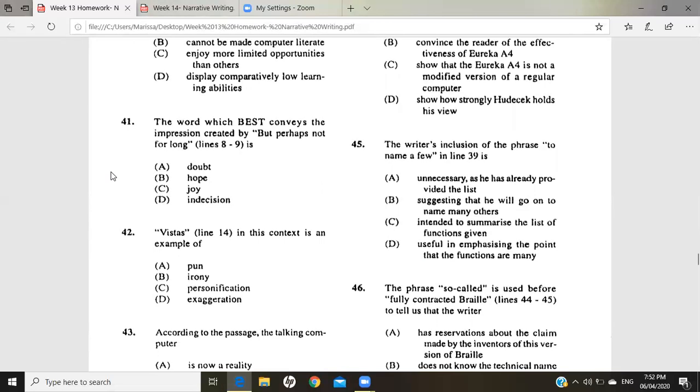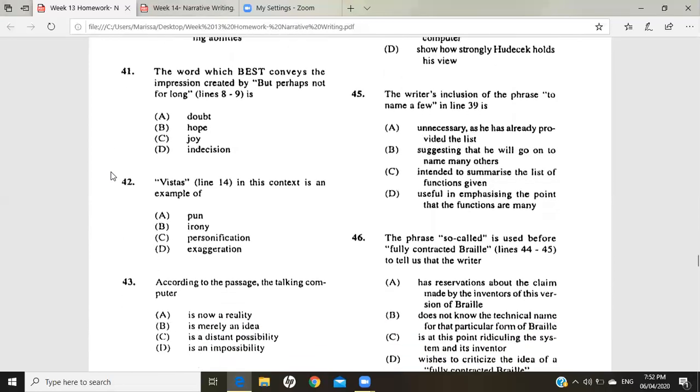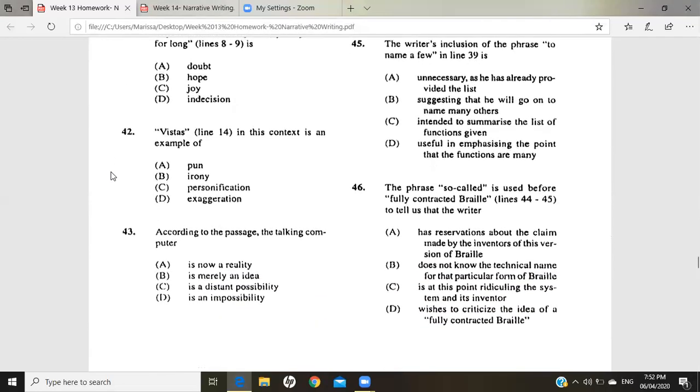It's B, hope, because it means that they found a new way for blind people to learn. 42 says vistas in this context is an example of... A vista is like a view. So if they say vistas, could blind people see? No, miss. So then the answer would be A, that's a pun, because blind people cannot see.